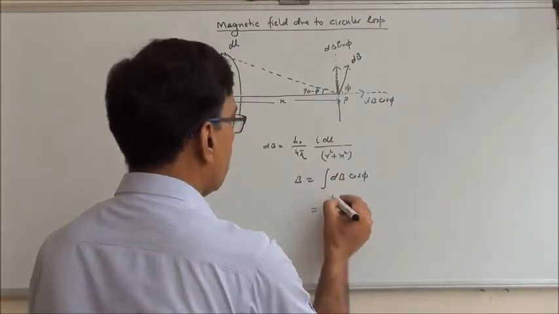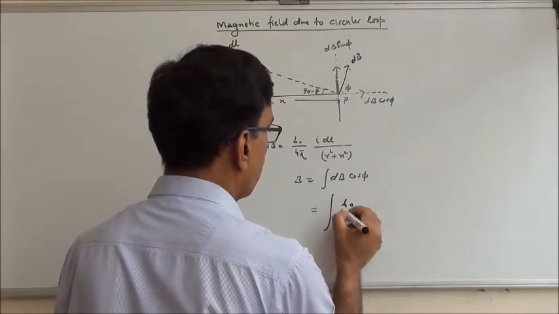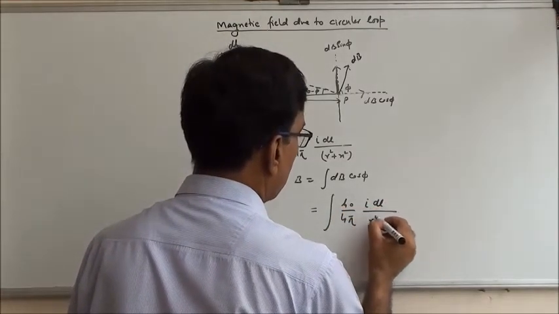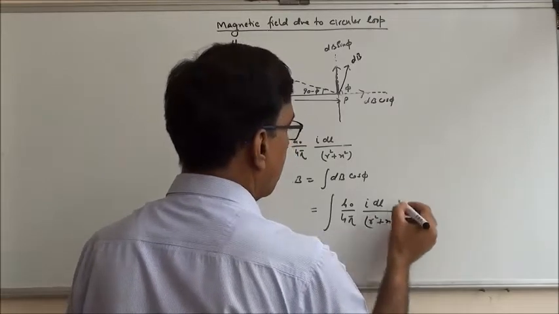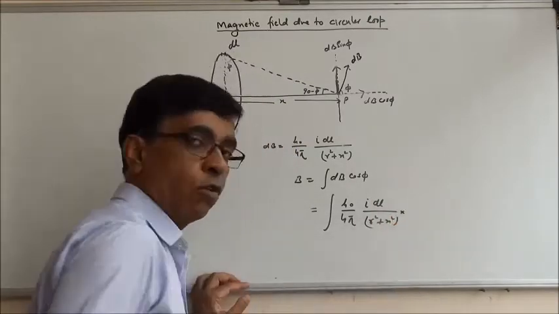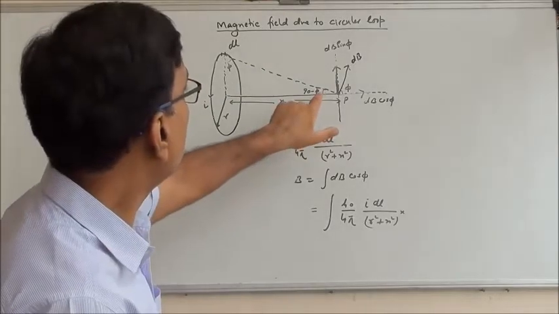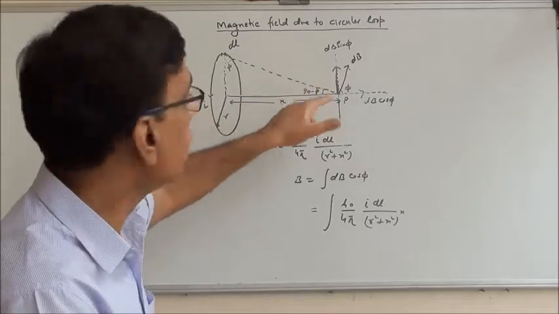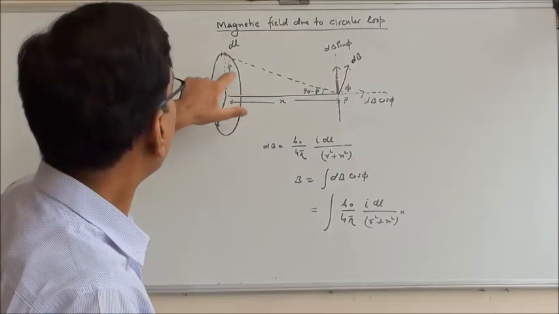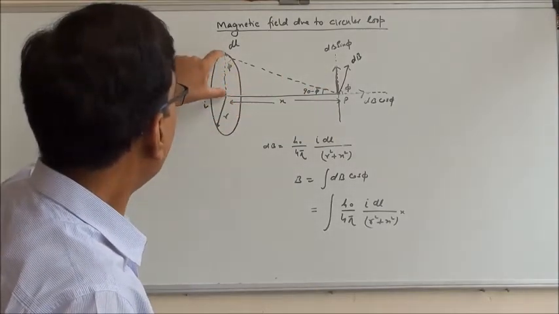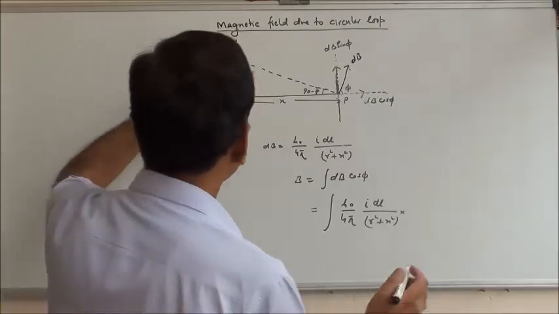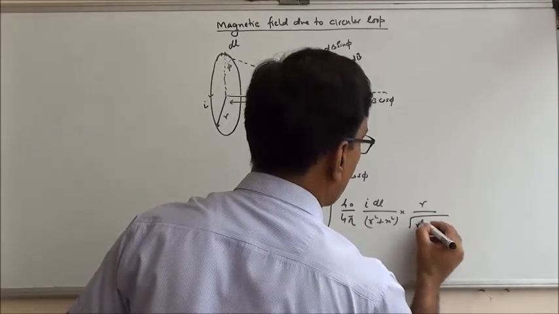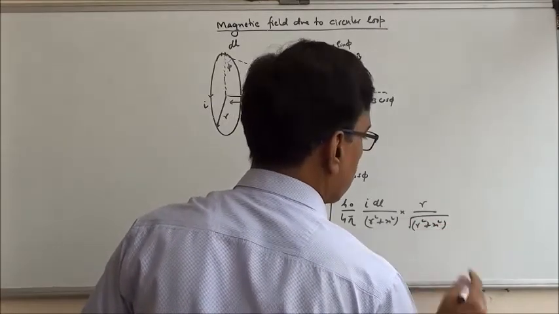Now we can substitute the values here. dB is mu naught by 4 pi I dl upon r square plus x square into cos phi. Let me substitute the value of cos phi now. This is 90 minus phi. Either I can find out sine 90 minus phi, which will be cos phi, or I can take from this triangle directly cos phi. Cos will be base upon hypotenuse. So base is r and this part is under root r square plus x square.